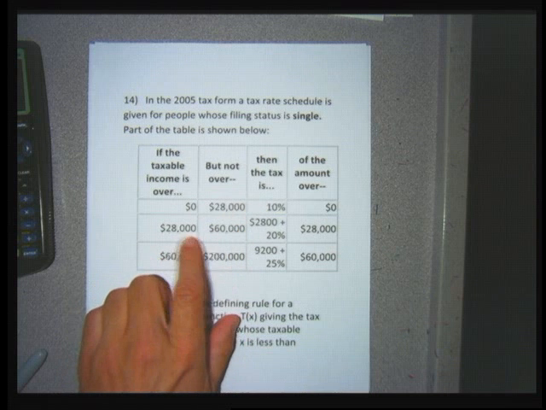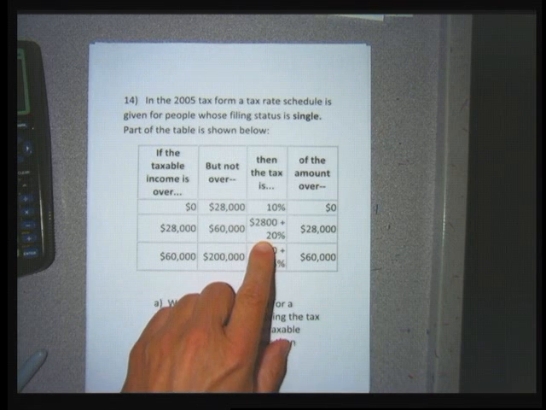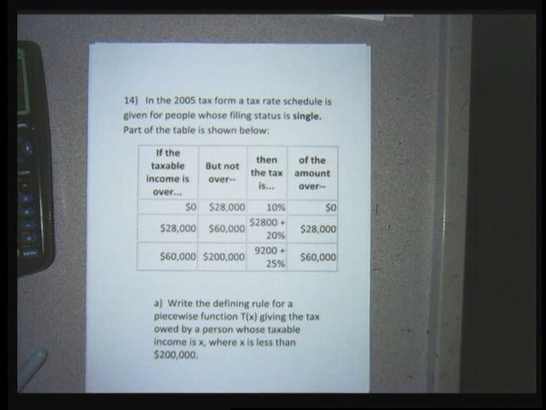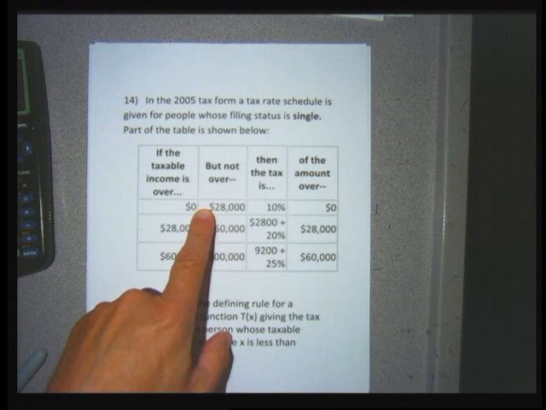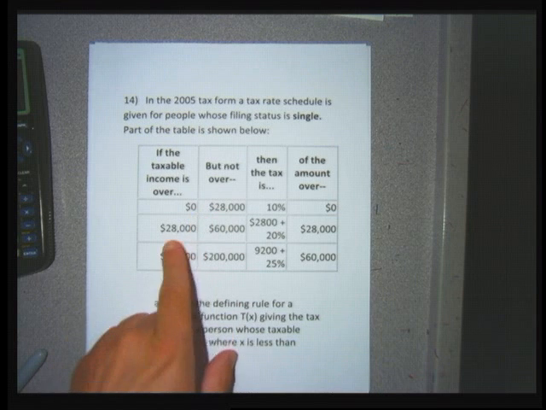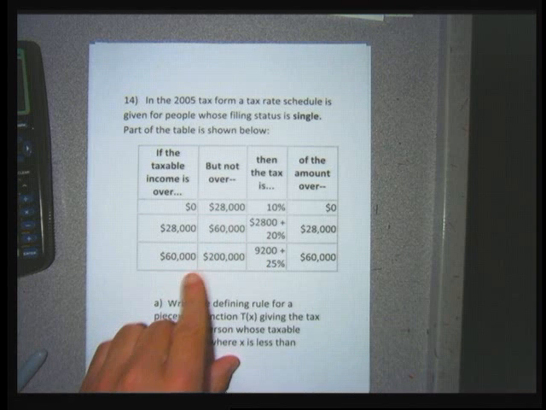If you make, say, $29,000, the first $28,000 gets taxed at 10%, the last $1,000 gets taxed at 20%. If you made like $65,000, the first $28,000 gets taxed at 10%. The middle $32,000 gets taxed at 20%, and then the last $5,000 between $60,000 and $65,000 gets taxed at 25%.